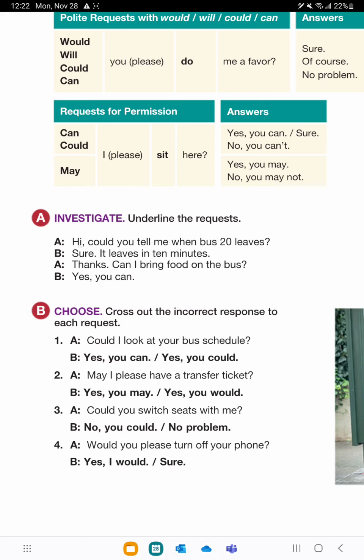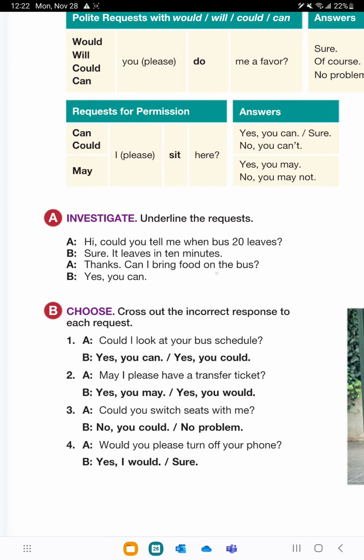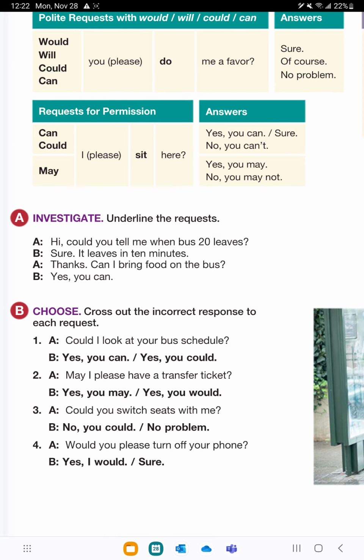It says, hi, could you tell me when bus 20 leaves? Person B says, sure, it leaves in 10 minutes. Thanks. Could I bring food on the bus? Yes, you can. Okay, so I see a couple of polite requests on there.